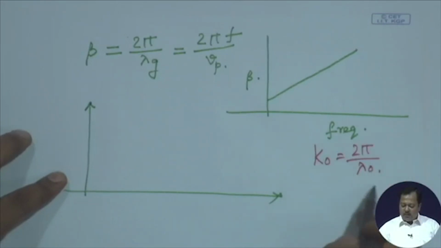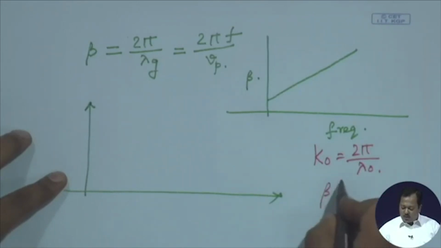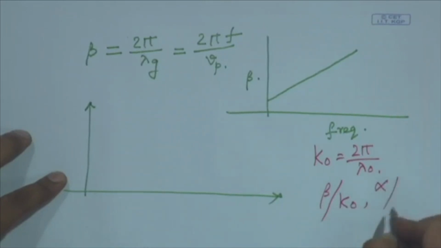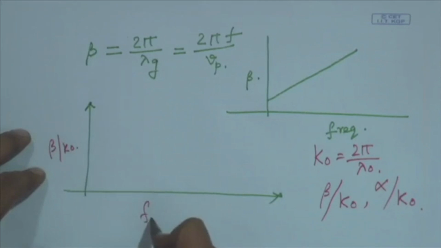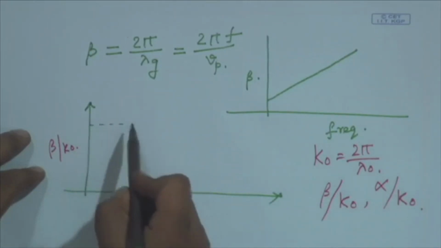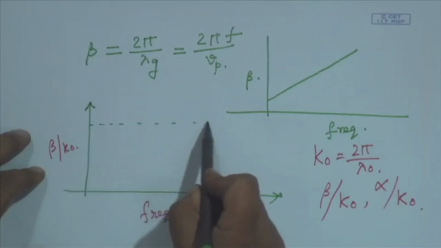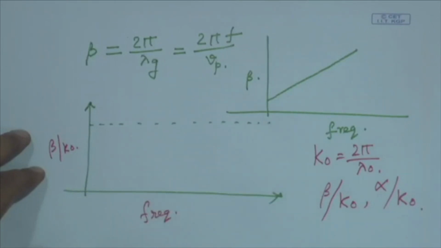It is nothing but beta in free space, and then we plot the value of beta by k naught and the value of alpha by k naught. So, if I plot beta by k naught versus frequency, ideally it should be constant, but for any wave guiding structure it actually varies with frequency.